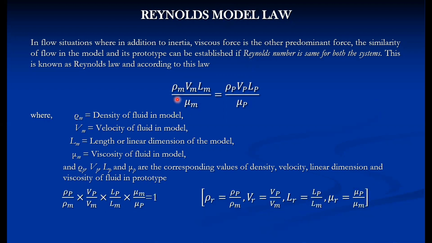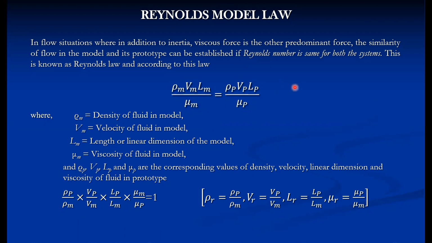If we rearrange these terms, rho p by rho m, multiplied by Vp by Vm, multiplied by Lp by Lm, multiplied by mu m by mu p, is equal to 1.